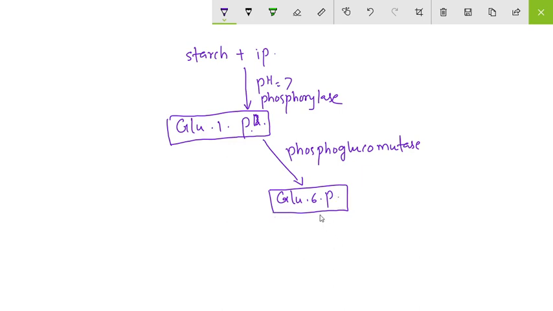Then in presence of the enzyme phosphatase, there is a release of one inorganic phosphate and it converts into glucose. So all this cycle takes place during the daytime.